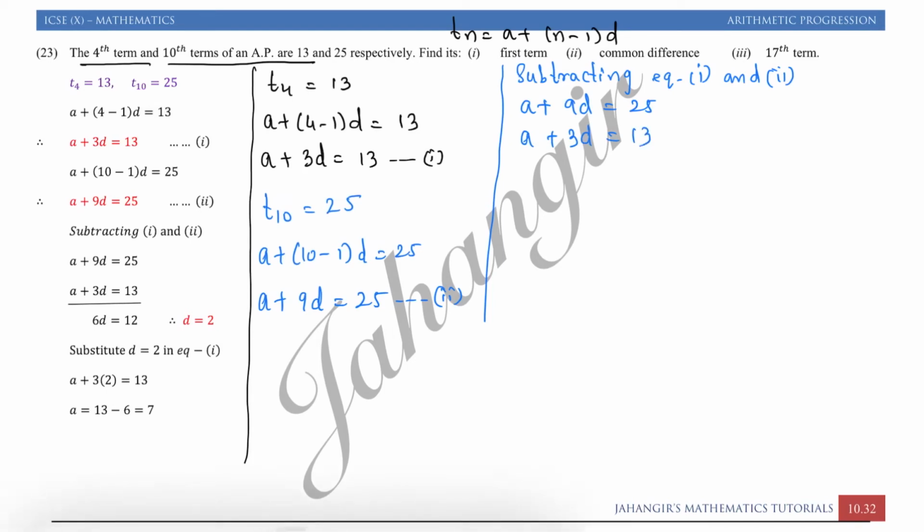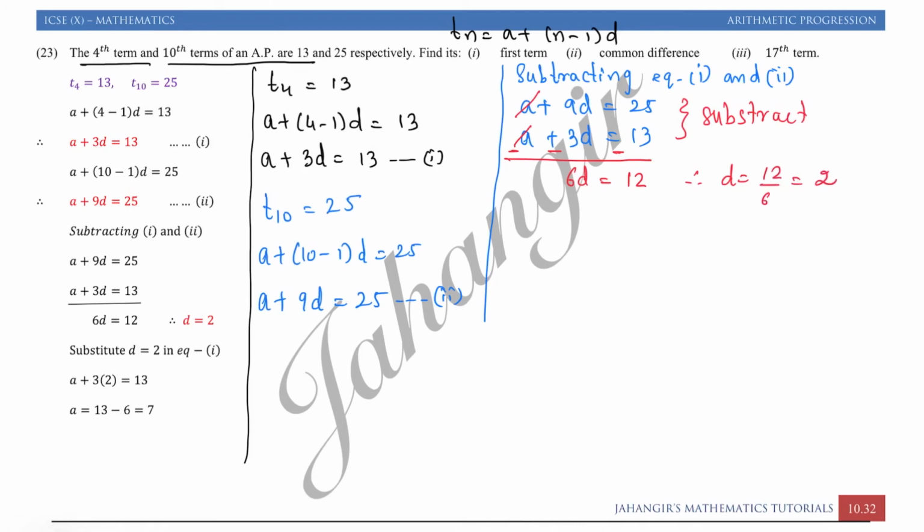We are just going to subtract it. When we are subtracting, we are going to change the sign: minus, minus, minus. So A and A got cancelled. 9D minus 3D is 6D, which is equal to 12. Therefore D is equal to 12 by 6, that is equal to 2.